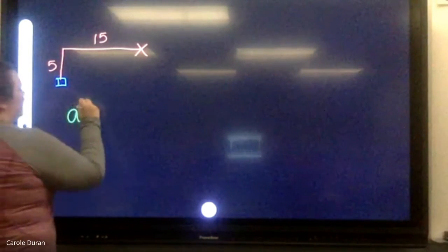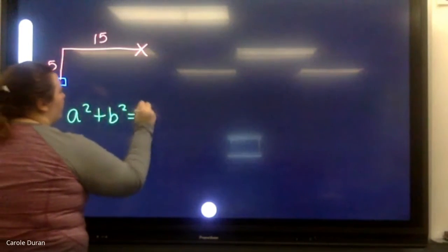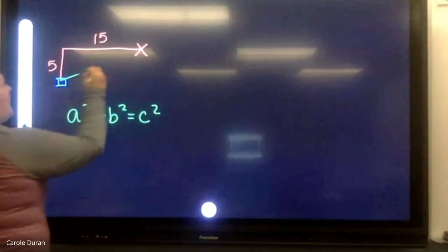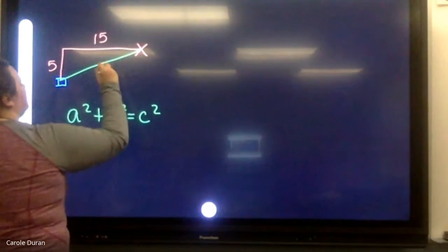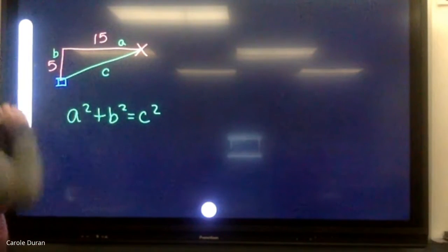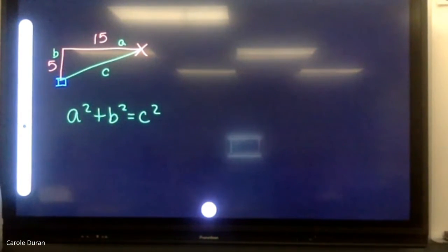Pythagorean theorem says that a squared plus b squared equals c squared, where this hypotenuse right here is c, and each of my legs are a and b. It doesn't matter which one's a and which one's b. So since I have those distances, I just plug them in for a and b respectively, and then I'll use my calculator to solve it.